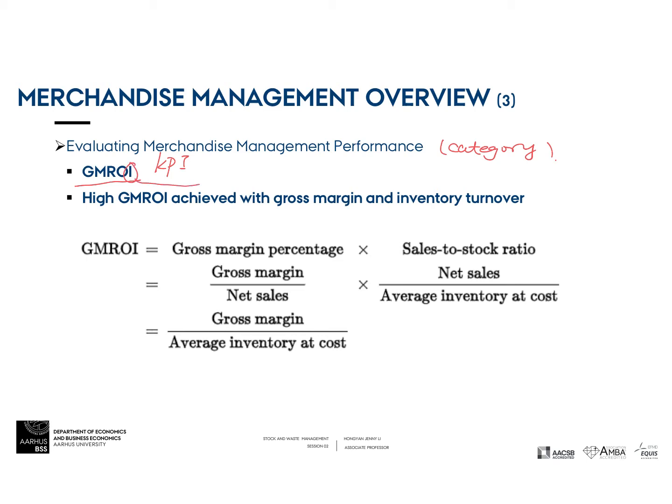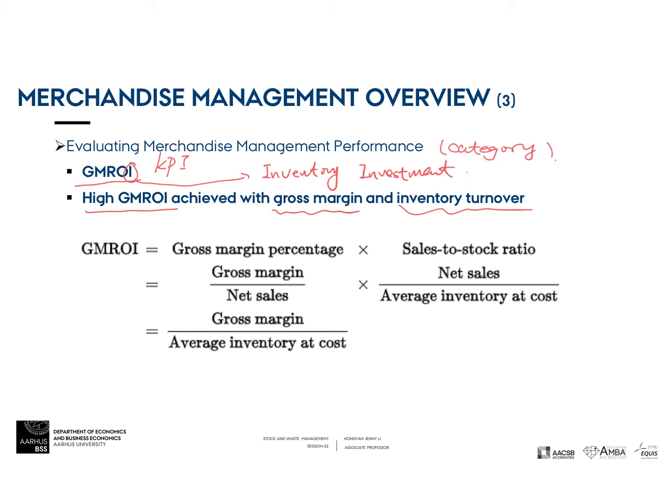Here this I actually means two things: inventory investment. From here we can start to talk about the cost, the turnover rate, and so on for your stocks. Of course, a higher gross margin return on inventory investment is achieved with gross margin and inventory turnover. So this performance is definitely affected by the gross margin and the inventory turnover.